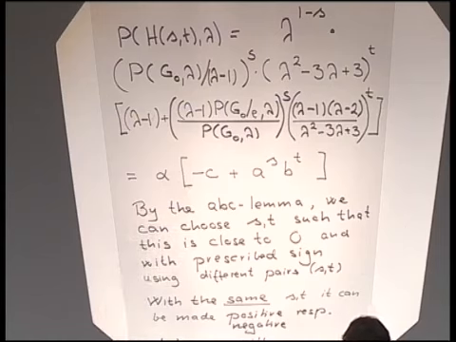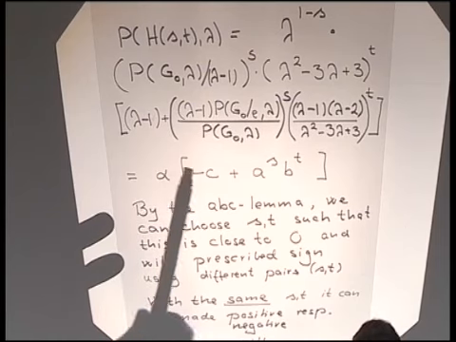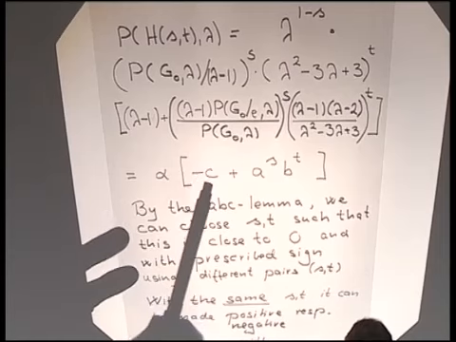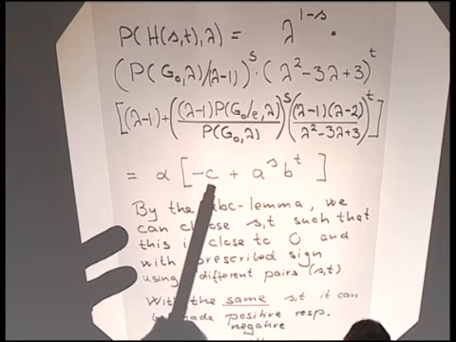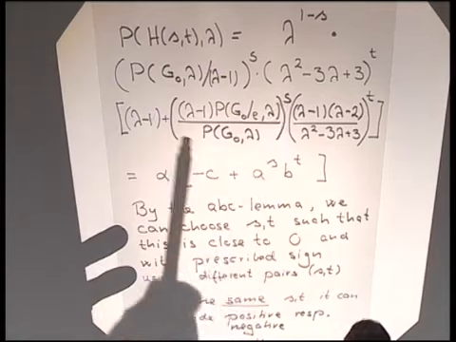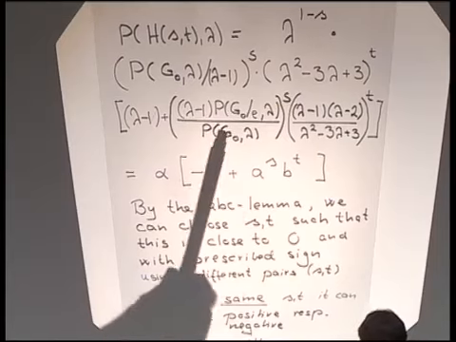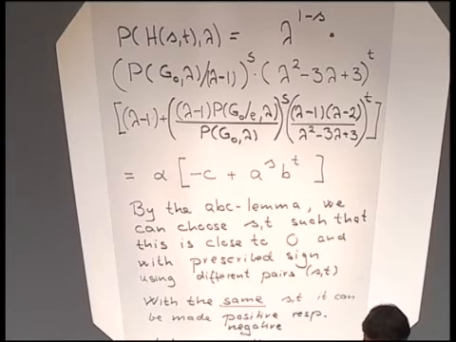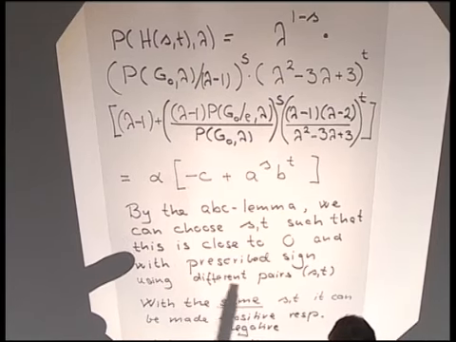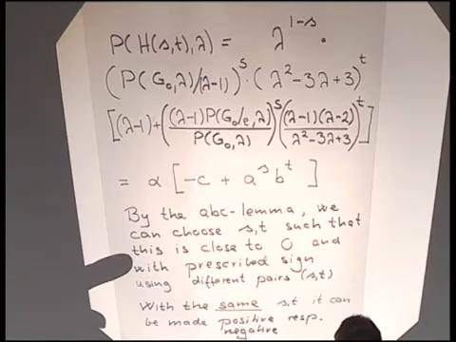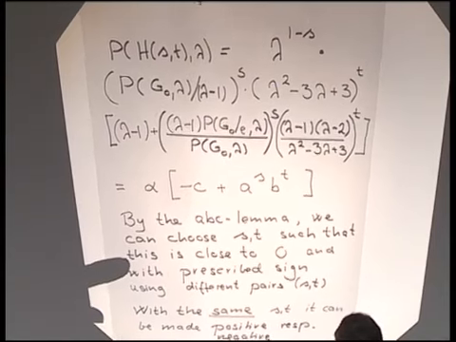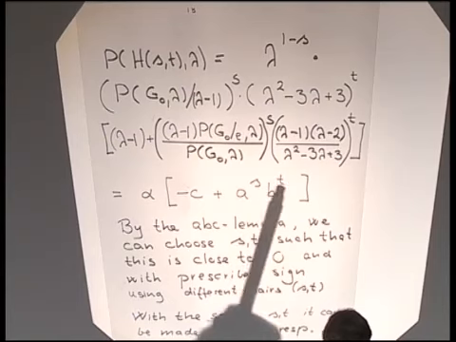This doesn't look nice, but the important thing is that you have a number here which we call C, and you have a number here to the power S and a number here to the power T, and we call these numbers in here A and B. And then by the ABC lemma we can choose S and T such that this number is close to 0. And also I can prescribe the sign of S and T.